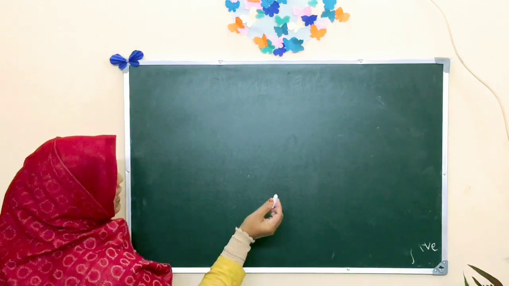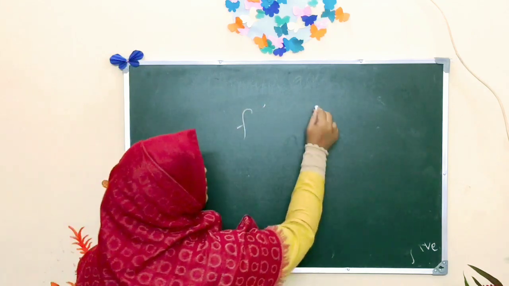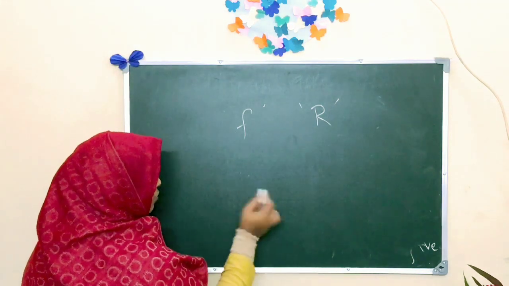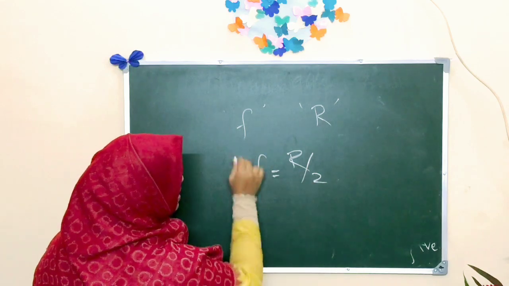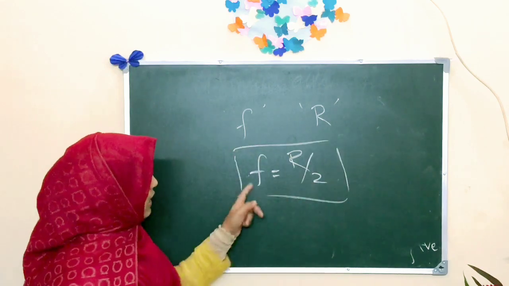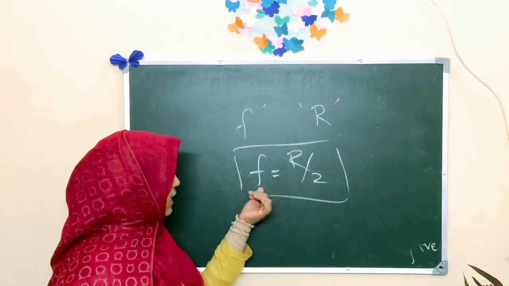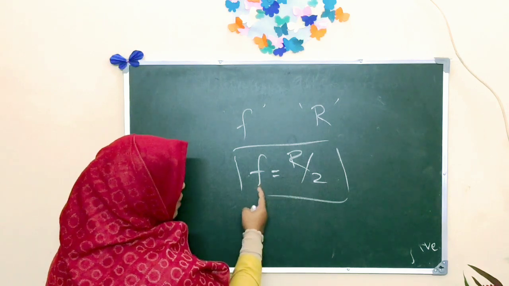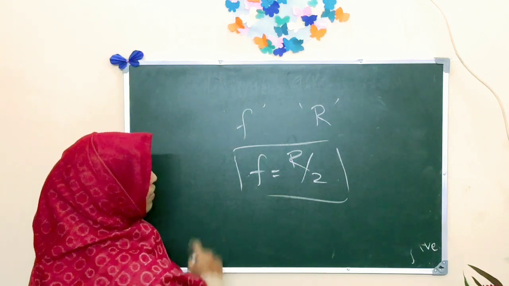Focal length is denoted by small f and radius of curvature by capital R. The equation is f equals R by 2. This is the relation between focal length and radius of curvature, where f is the focal length and R is the radius of curvature.